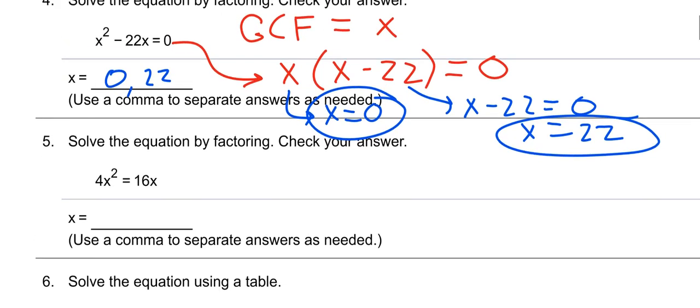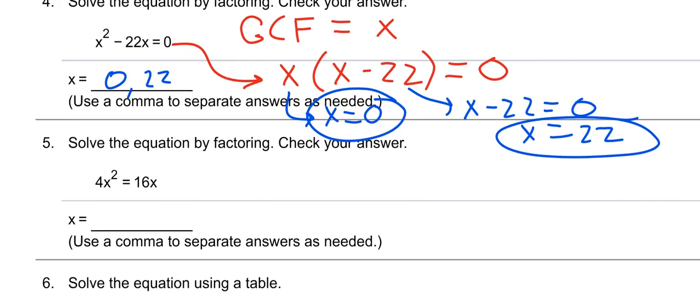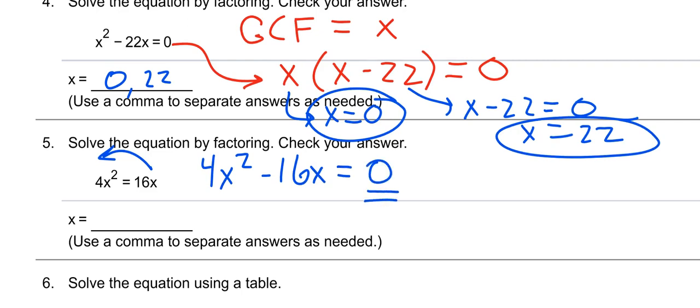In question 5, which is kind of similar to question 4, we're going to bring that over to the other side first. In other words, in order to do the factoring questions, you have to have it set equal to 0. So far, the questions I've been asking you have been set equal to 0. We need to take that GCF out.